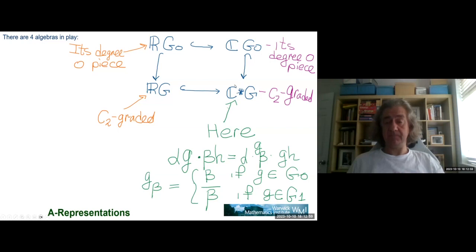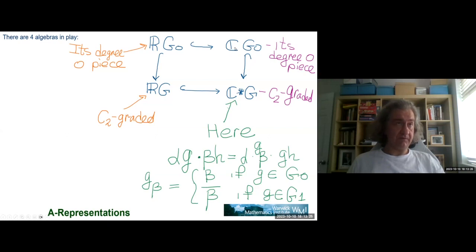Then inside this semi-direct product, there are four subalgebras: CG0, RG, RG0, and the whole algebra. And these are the four algebras one has to look at. Essentially, these three algebras are real algebras. They're not complex.